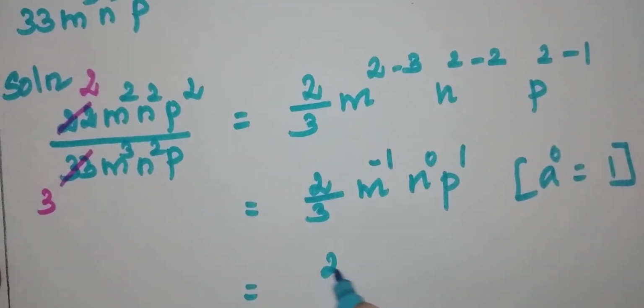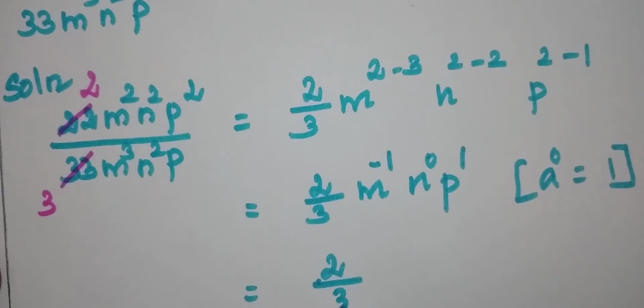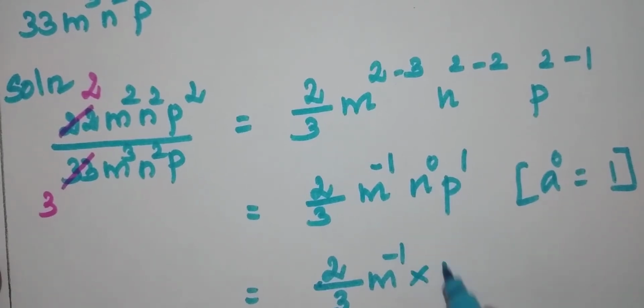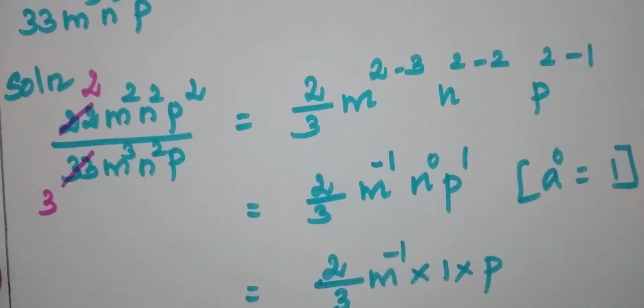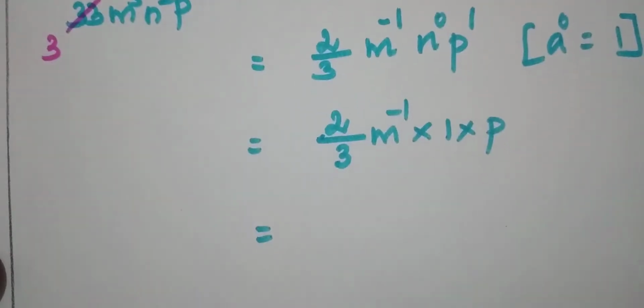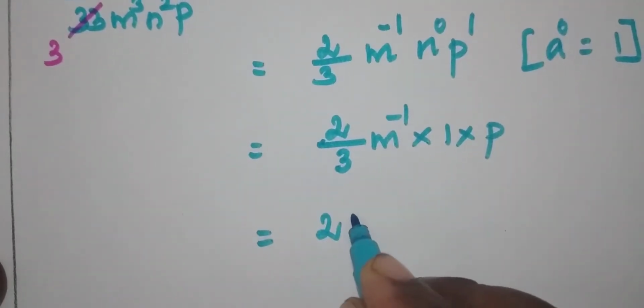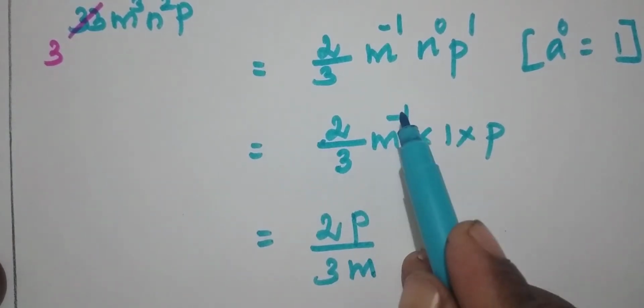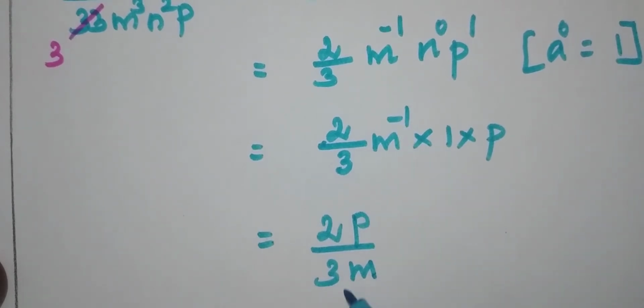It is equal to 2 by 3 m power minus 1. Value of n power 0 is 1, into p. I'll write this one as 2p divided by 3m. So here m power minus 1, when you bring this one to the denominator, this becomes m power plus 1.